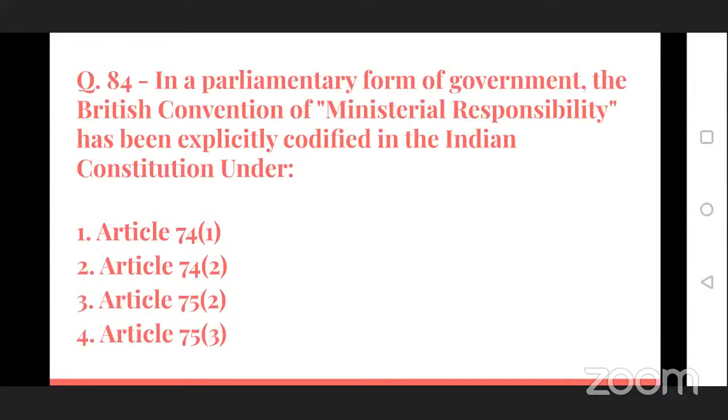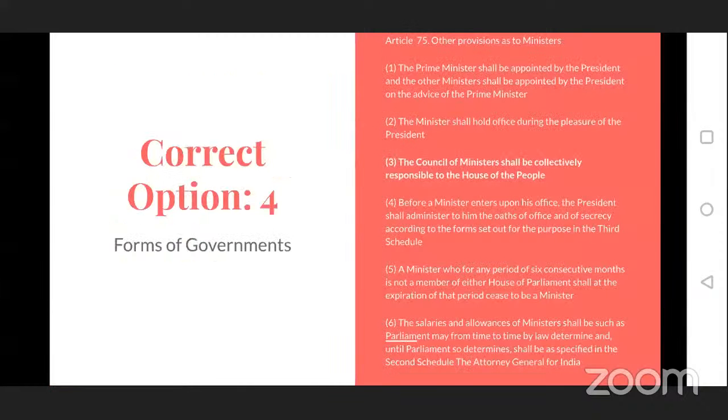The correct option is option 4, Article 75(3). It states that the Council of Ministers shall be collectively responsible to the House of the People. This provision is taken directly from the British Convention of Ministerial Responsibility.